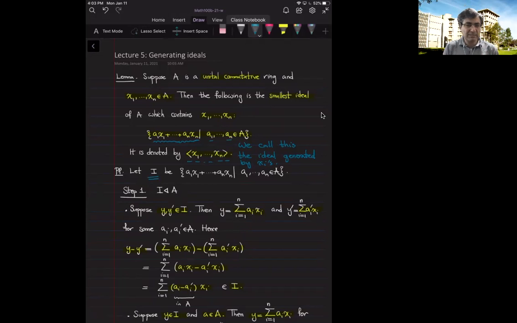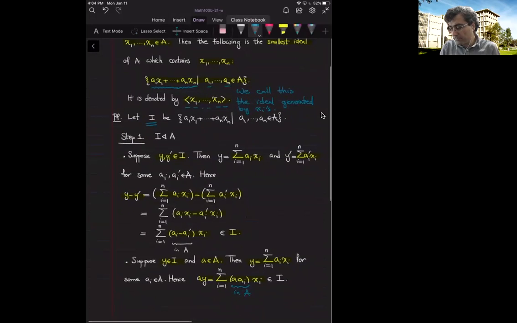So these are the three steps that we have to do. Let's start with the first step. Why is I an ideal? That means we have to pick two elements of this set and show that their difference is inside I. We have to pick one element inside the set and an arbitrary element inside the ring and show that their product is inside I.